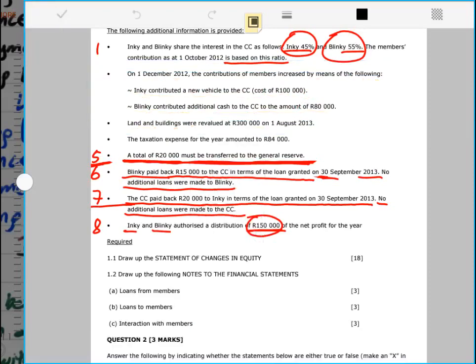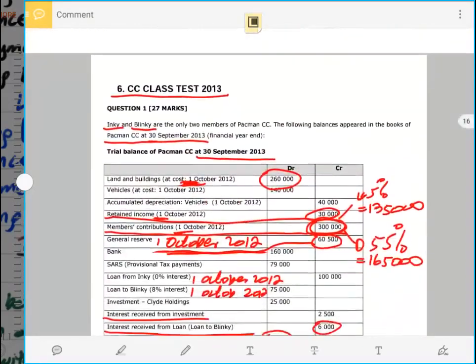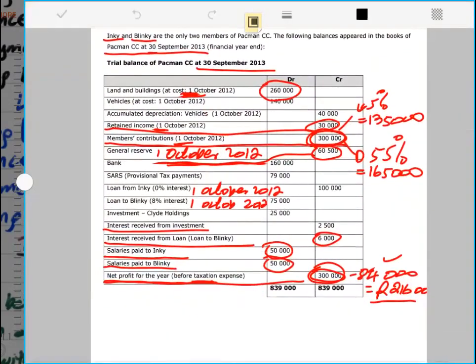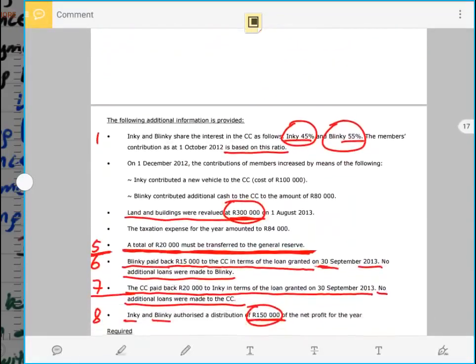So now we have land that was revalued to 300,000 rands. That means the value of the land and building increased from 260,000 rands to 300,000 rands. Here was the value of the land and building at the beginning of the year, 260,000 rands, and it went up to 300,000 rands.